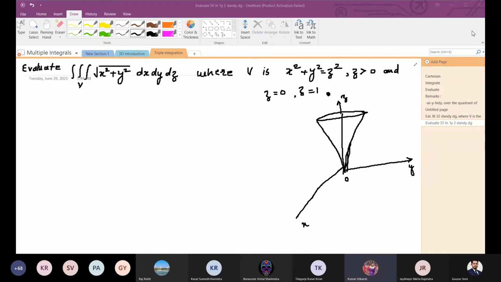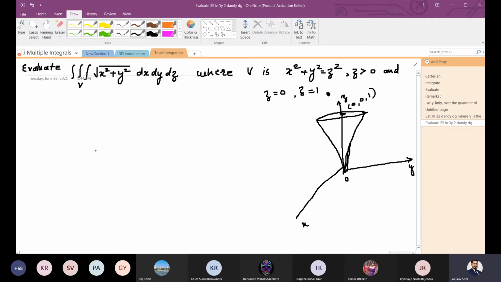A plane parallel to XY. Exactly. So we need to collect all the points which have z coordinate as 1, and that is going to be z equal to 1. I'll consider this as the point 0, 0, 1. So our plane will be parallel to this and it will cut this cone.